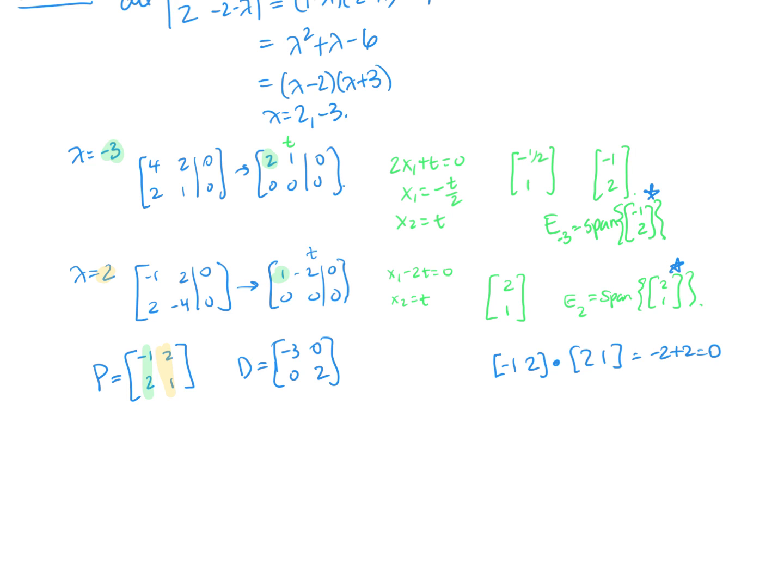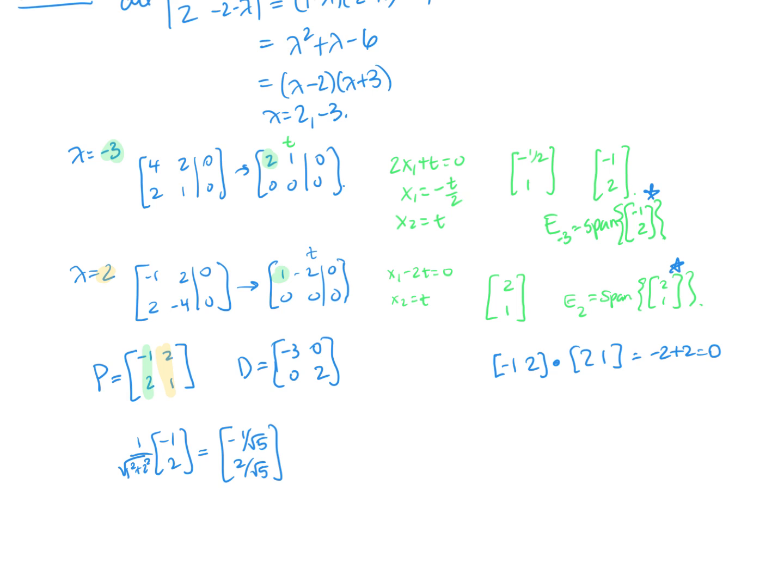If I take the vector -1, 2 and multiply it by 1 over the square root of 1 squared plus 2 squared, I get -1 over square root of 5 and 2 over square root of 5. Now it is a unit vector.